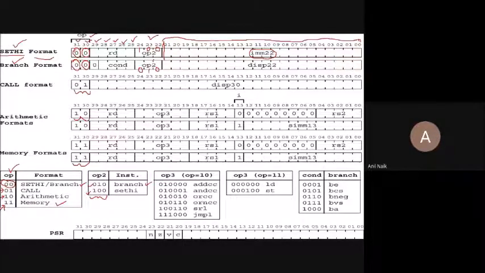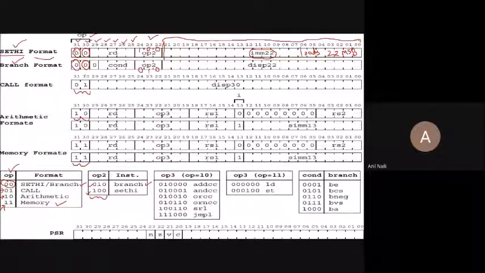Then for set high format, the immediate loads the 22 most significant bits, MSB, right? 22 bits are reserved for the immediate, and 5 bits for the destination register.